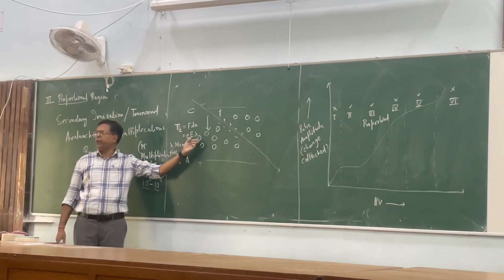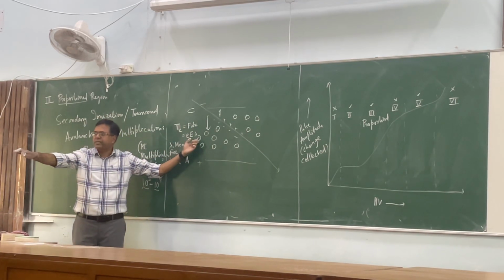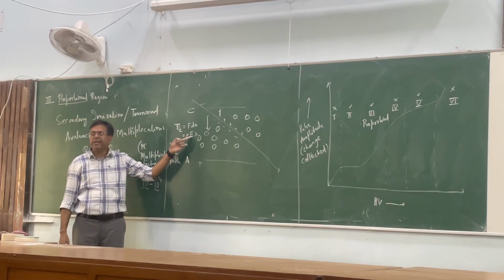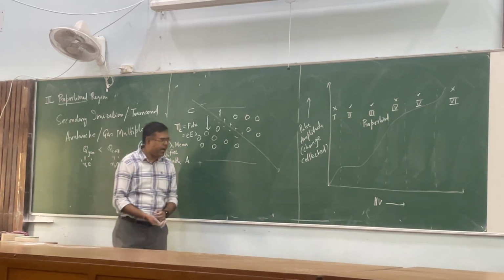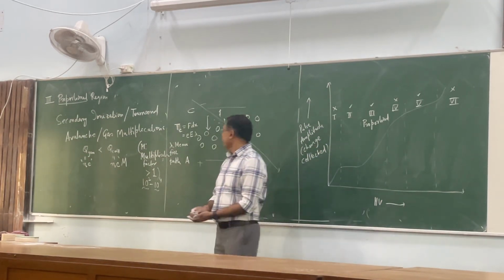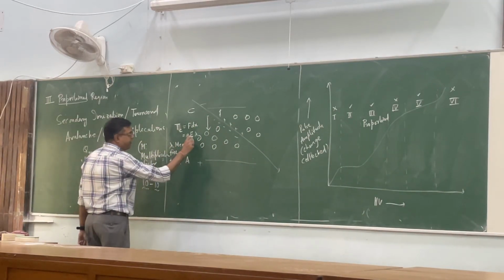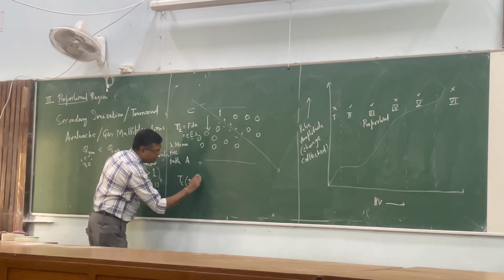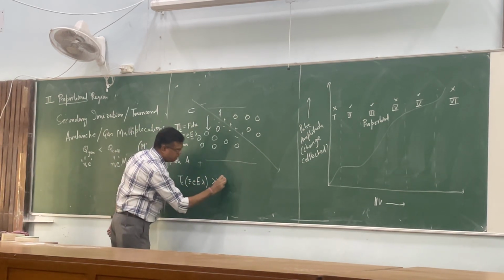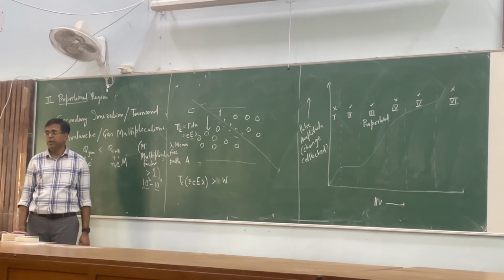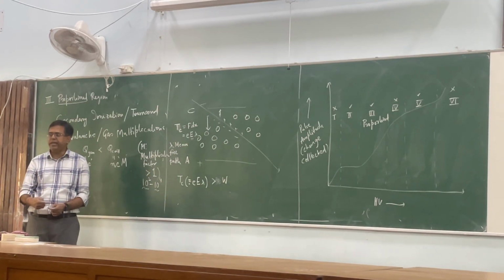After reaching the mean free path, it gives part of its kinetic energy. Now the electric field is increasing because I am applying high voltage more and more. Once the electric field is sufficient, this TE becomes equal to W. What is W? The average energy to create an electron-ion pair.